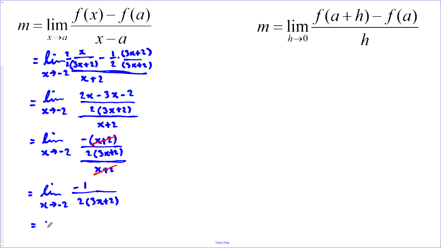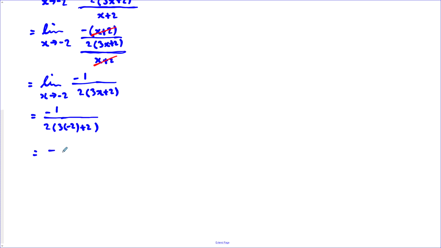So I'll have negative 1 over 2 times 3 times negative 2 plus 2. And then that will give me 1 over 2 times negative 6 plus 2 is negative 4. And negatives will cancel, and I'll be left with 1 over 8.